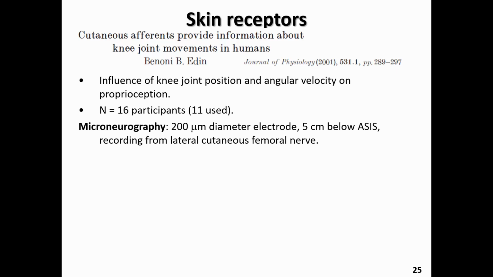They used a technique called microneurography, in which very small recording electrodes of 200 microns in diameter were inserted into the lateral cutaneous femoral nerve. Because the term is cutaneous, this is a sensory nerve that provides sensation to the lateral portion of the thigh. Experimentally, once the electrodes were placed into this nerve, the researchers passively moved the participant's knee into a slight degree of flexion from full extension.